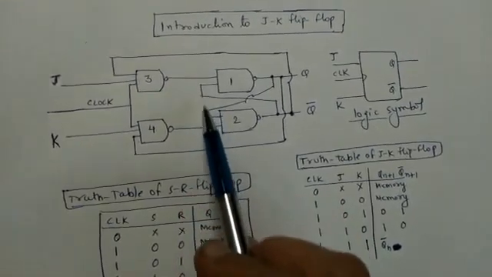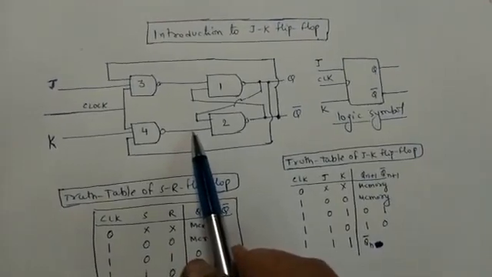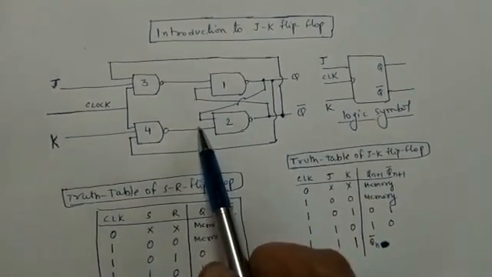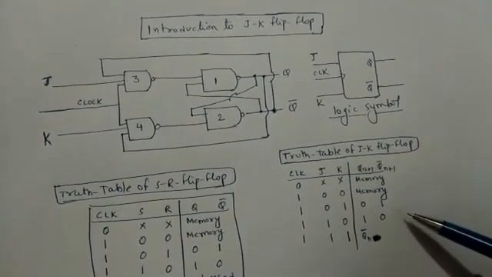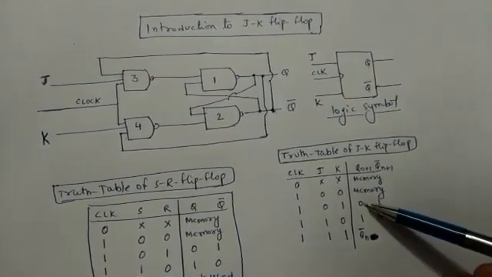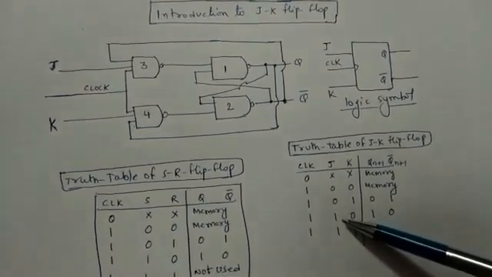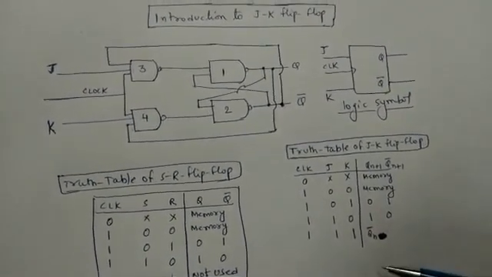When this is 1, here we are getting 0, and the NAND latch in the case of 1 0 gives us Q output as 0 and complement output as 1. So we have 0 1, and similarly in the case of 1 0, we have 1 0.